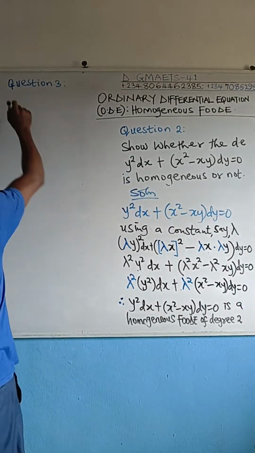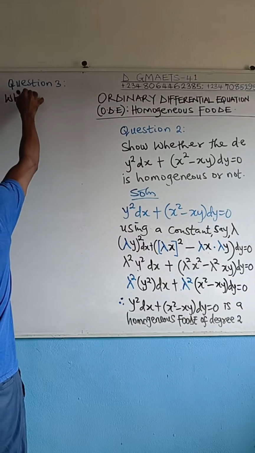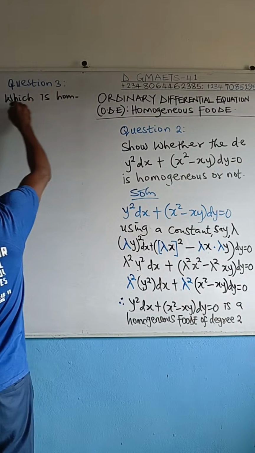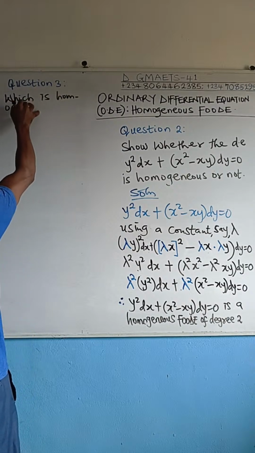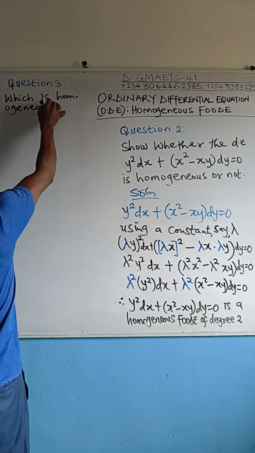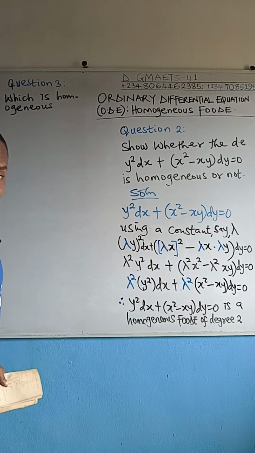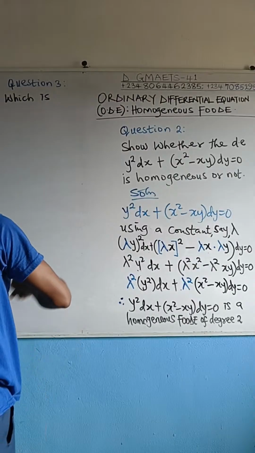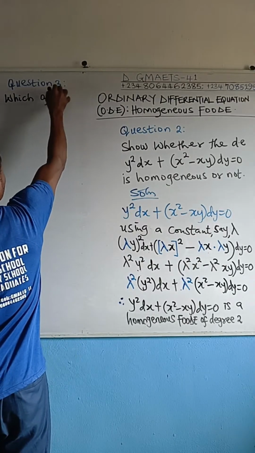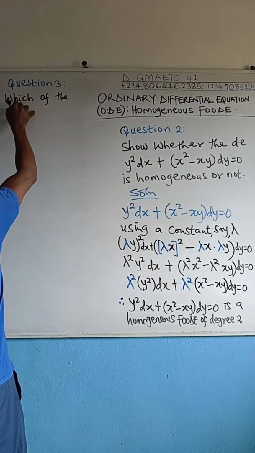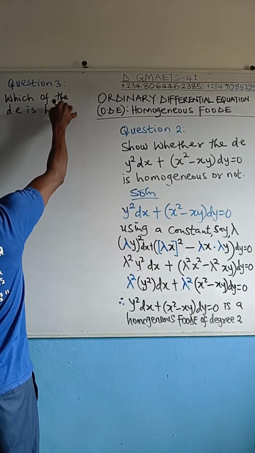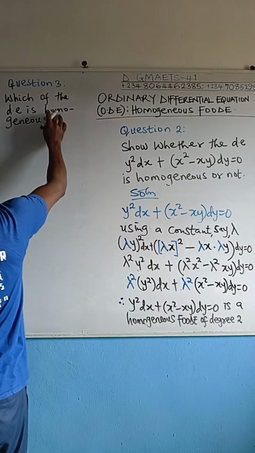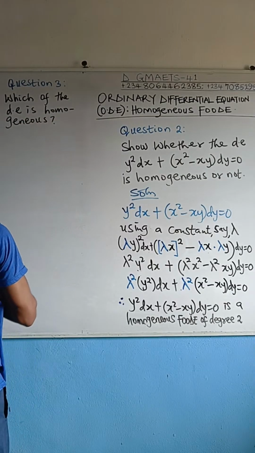The question is: which of the DE is homogeneous? Because let's specify that it is a differential equation. Which of the DE is homogeneous? So I'm going to have this A.